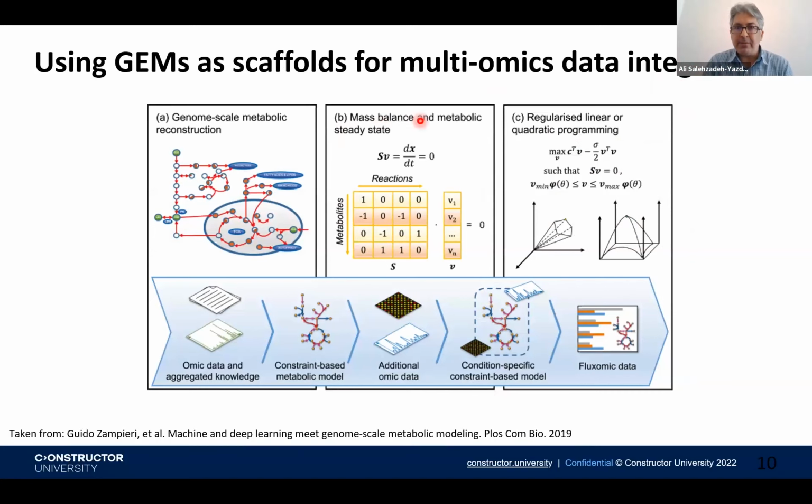So this scaffold, the stoichiometry matrix plus the vector of fluxes that form a solution space, can be used as a scaffold for integrating additional information into the solution space. What do I mean? You can customize this predefined scaffold to whatever you want. On one side, we have all the reactions, transporters, compartments, and organelles that we have in the organism, in the case of human.